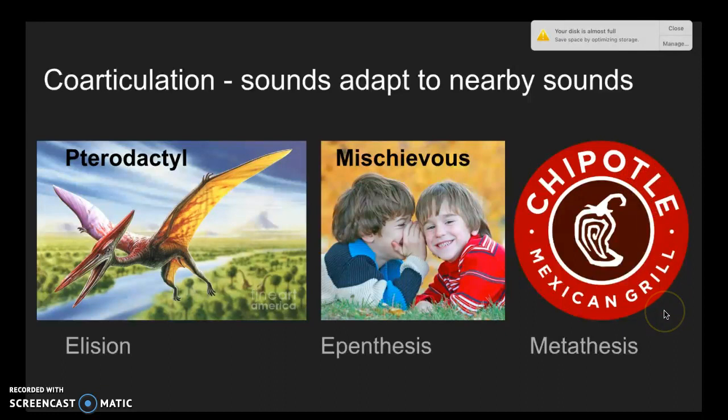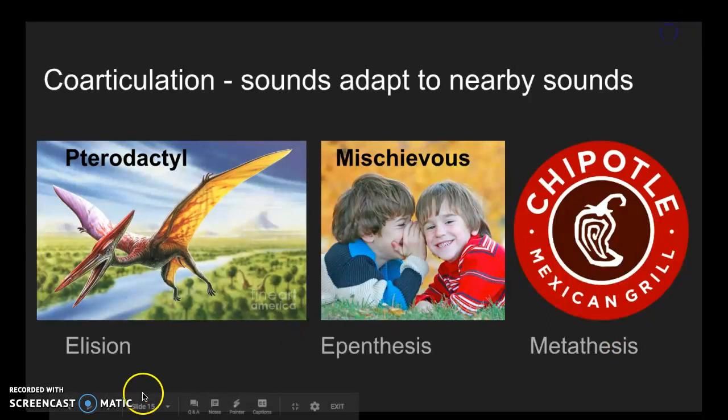So I've heard people say chipolte, right? Because that would make more sense, the PL combination than the TL. And children do this all the time, metathesis, just switching around letters to make the word a little bit easier to say.